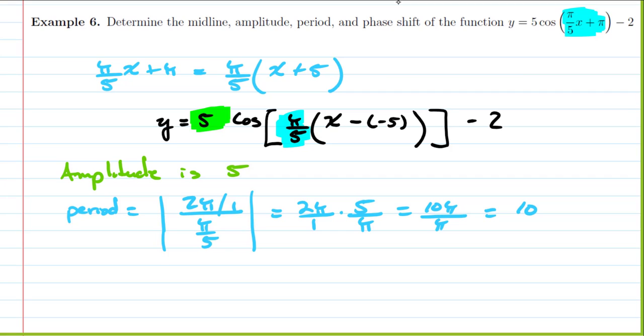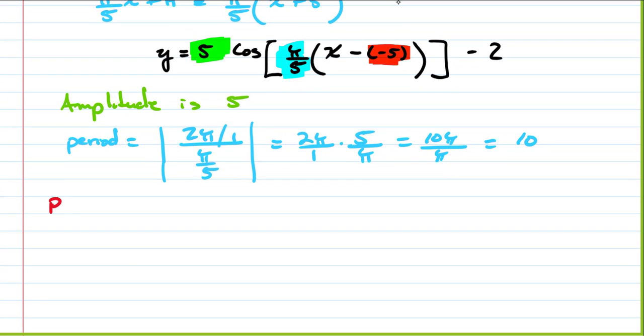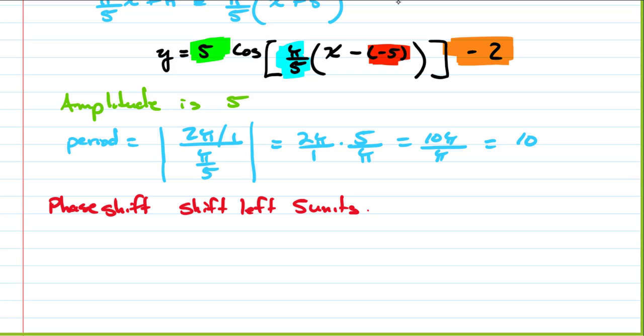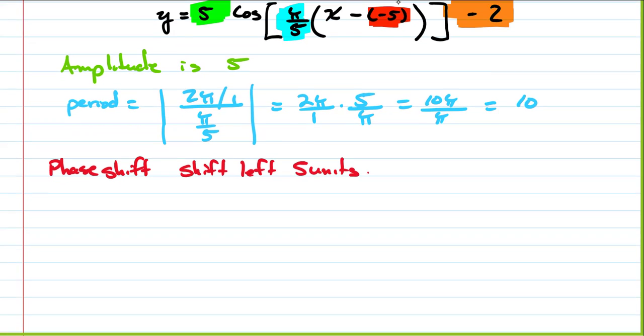My phase shift is going to be -5. So minus minus, it's going to be shifting left 5 units. And then lastly, I've got the -2, so that's going to shift down 2 units.